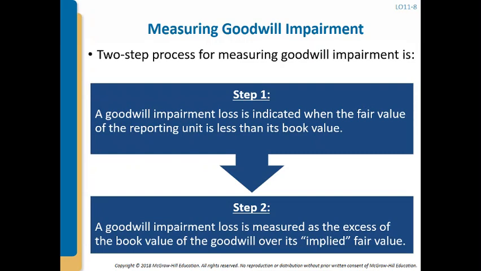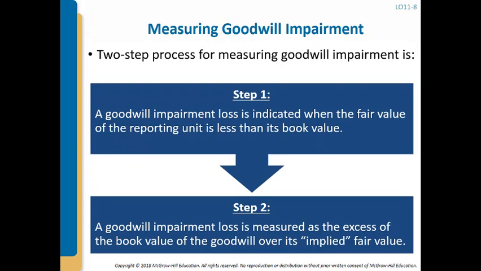So step one is management determines whether or not goodwill impairment loss is indicated by comparing the fair value of the reporting unit with its book value, and if fair value is less than the book value, then a goodwill impairment loss is indicated.